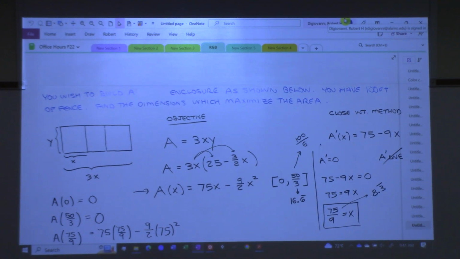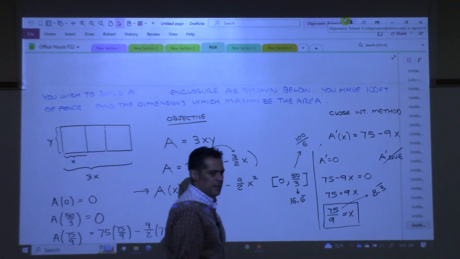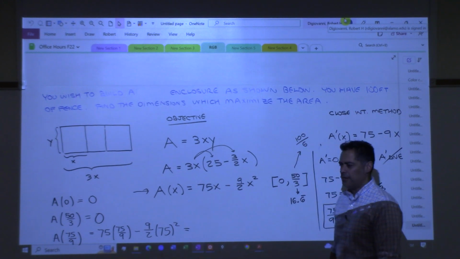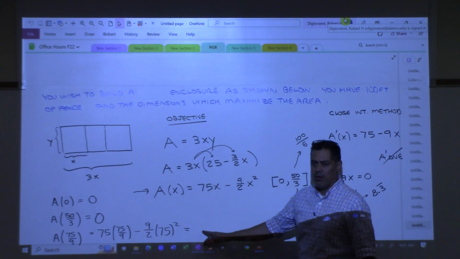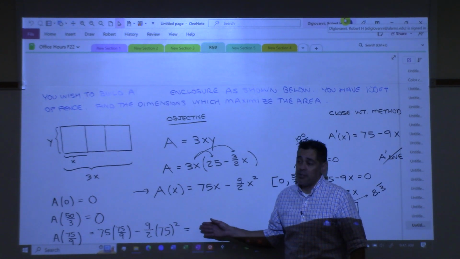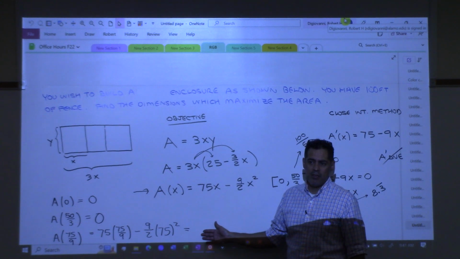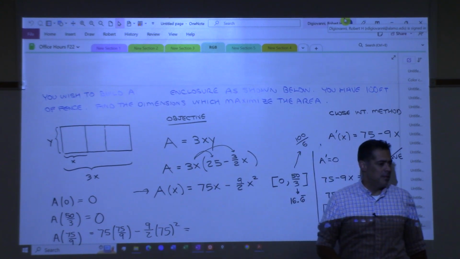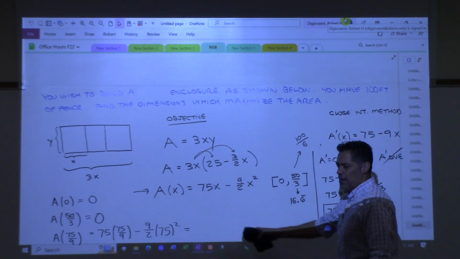Give it as a decimal. It's a number, right? It's bigger than 0. Am I interested in this number, other than the fact that it's positive, that it's bigger than those? Do I really care about the number to answer the question? No, because I'm asking for the dimensions, right? What are the dimensions? Anyone have it yet or no?